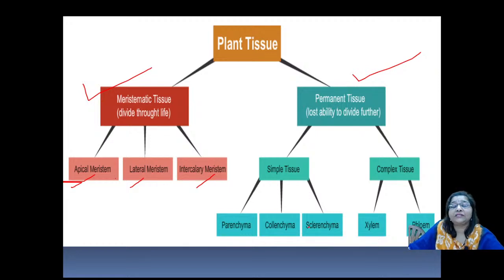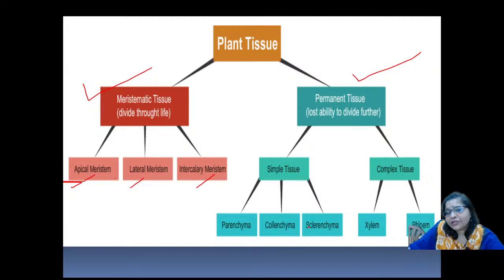They actually start depositing the cell wall material as soon as they start forming the basic cell wall, which is made up of cellulose. Along with it, there are lignin and suberin type of cell walls that keep on depositing in the cell wall region, making the cells very thick, and slowly they lose their cytoplasm as well as nucleus and become dead cells. So these sclerenchyma tissues are all dead cells.